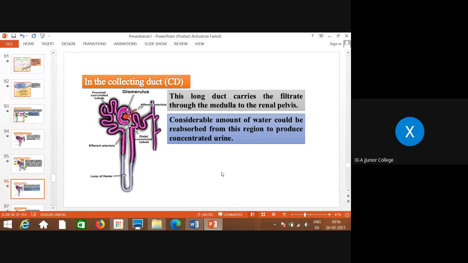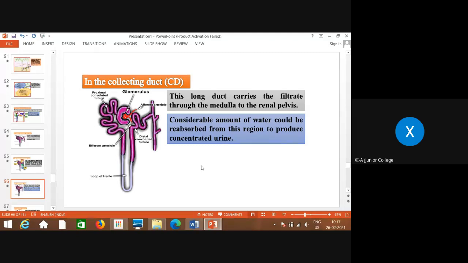This collecting duct enters the renal pelvis, that is, the pelvic region of the kidney, and from this region, through the ureters, it is passed to the bladder, that is, the urinary bladder.